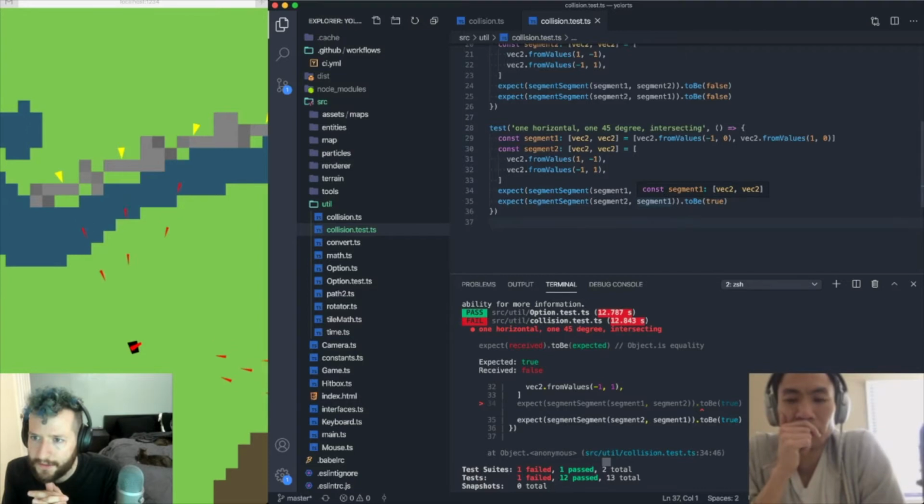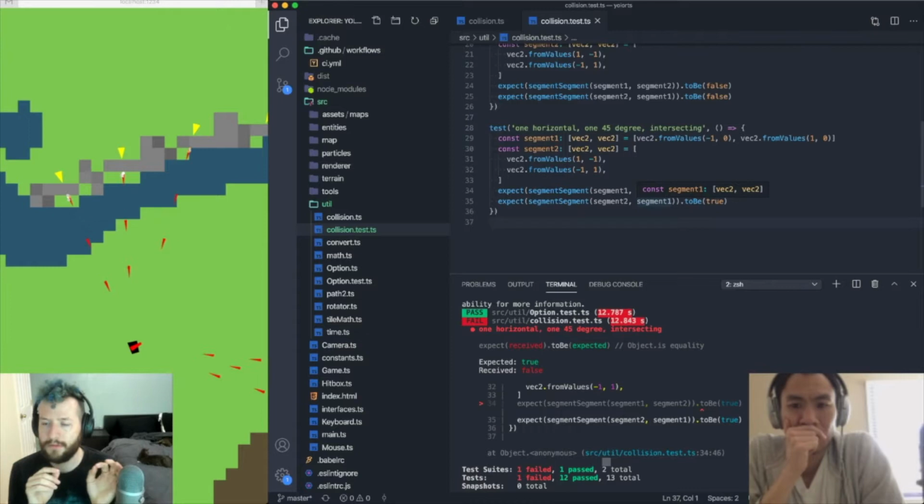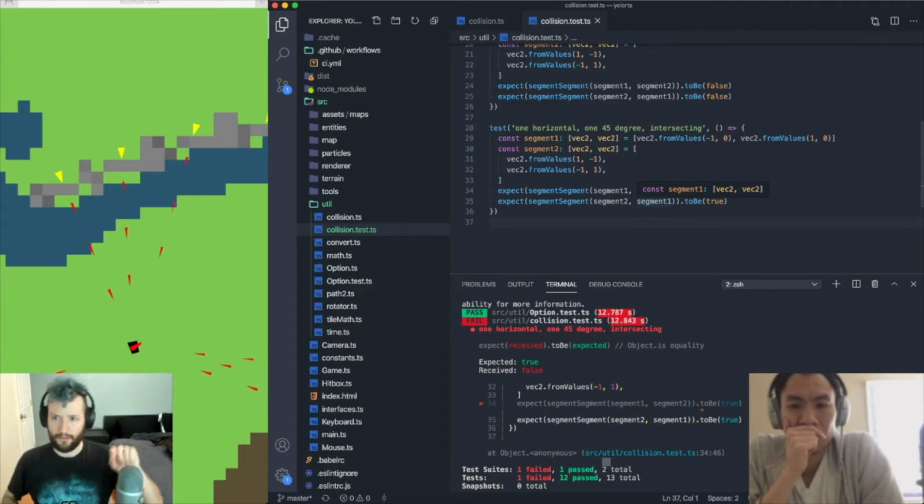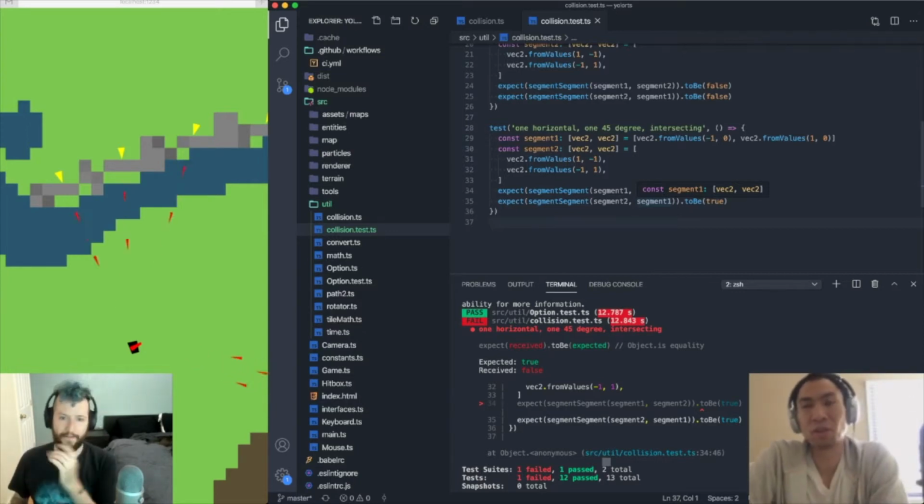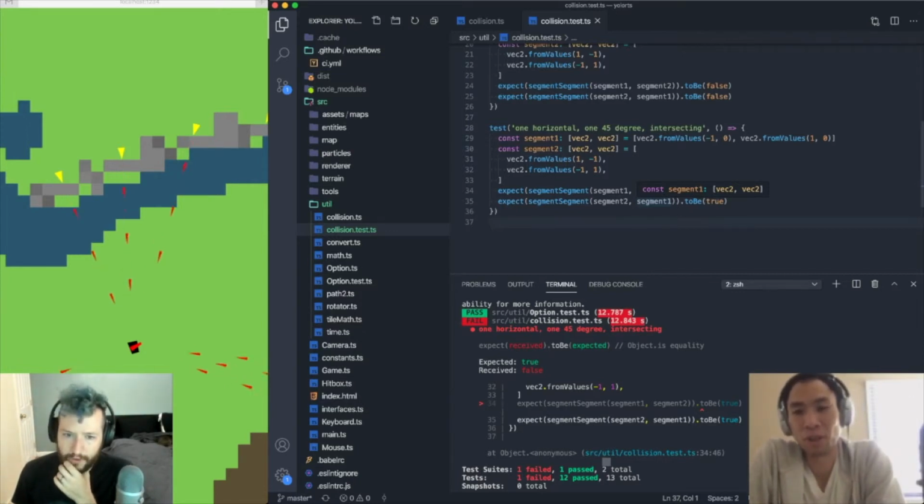Yeah, so let's check our math here real quick. Segment 1 is definitely on the x-axis. And segment 2, 1, -1, 2, yeah, it's 45 degrees going from quadrant 2 to quadrant 4.